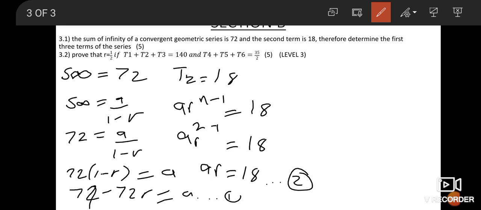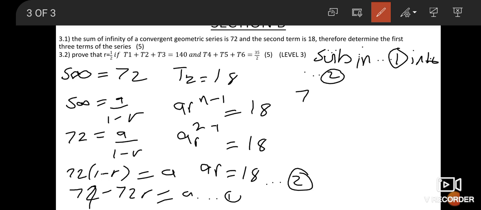Then we simply sub into equation 2. Since here it already says a, we sub in the a of equation 1 into the a of equation 2.